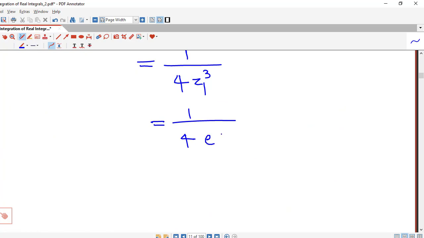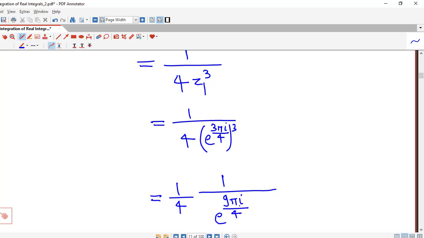So here we put e raised to 3 pi i divided by 4 to the power 3. So this is going to be 1 by 4 and 1 over e raised to 9 pi i by 4.